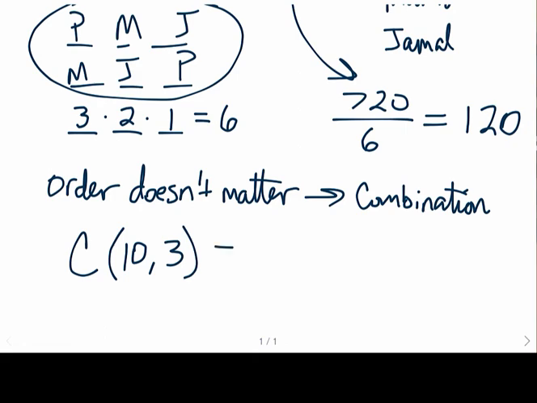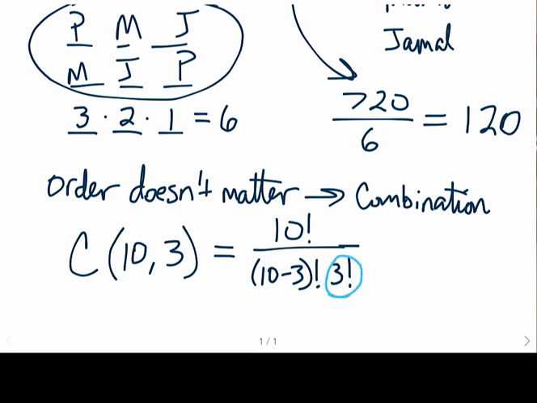And the way it's computed is it's 10 factorial divided by the quantity of 10 minus 3 factorial. But then we have to have an additional factor in the denominator of 3 factorial, right? So the 3 factorial is to divide out the repetition because order doesn't matter.